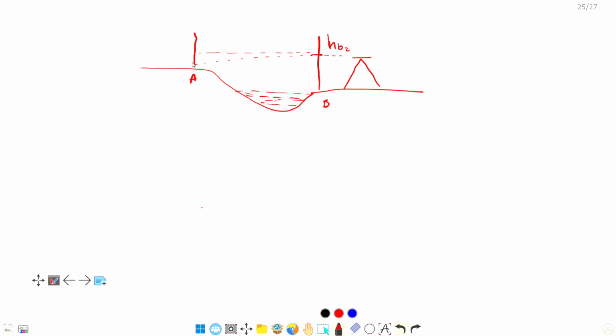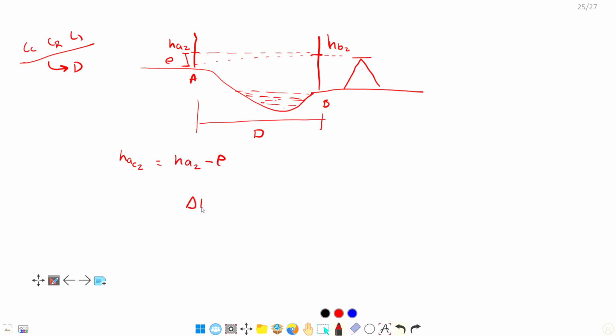This amount of error will be the same as the previous one, because here the distance is still the same, D, and our curvature error, refraction error and line of collimation error all depend upon the distance D. So our error will be the same. So our reading here will become HA2 and our corrected reading HAC2 will become HA2 minus E.